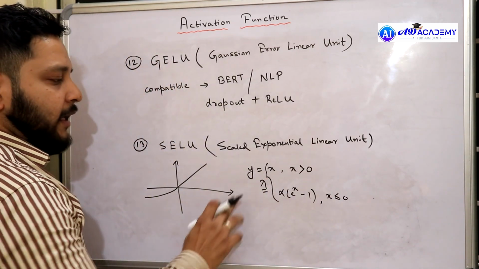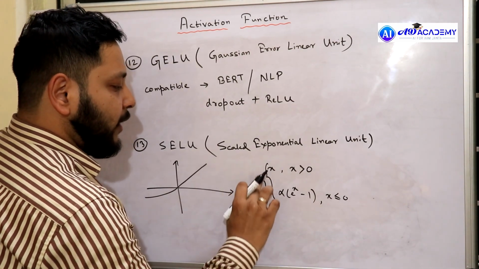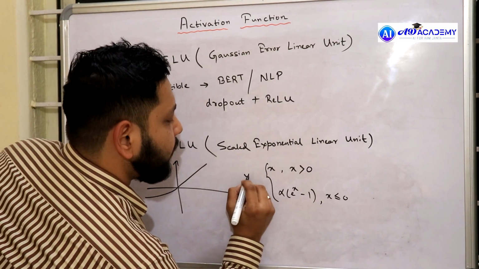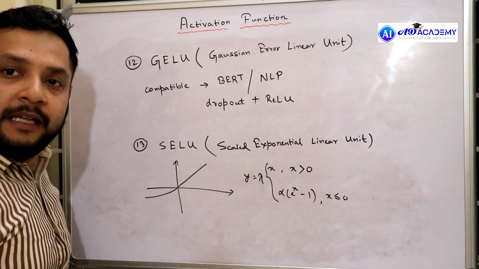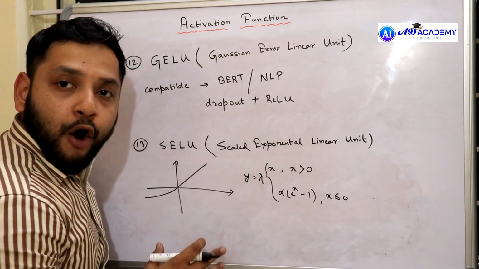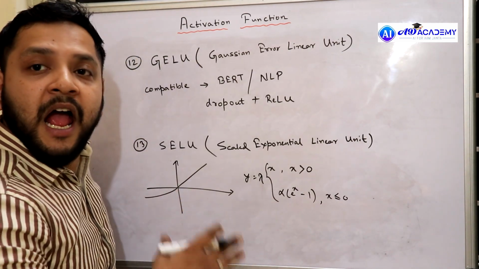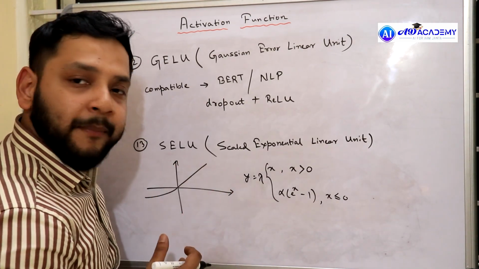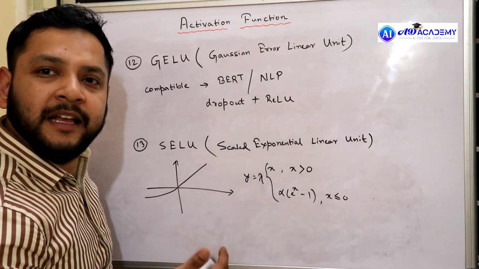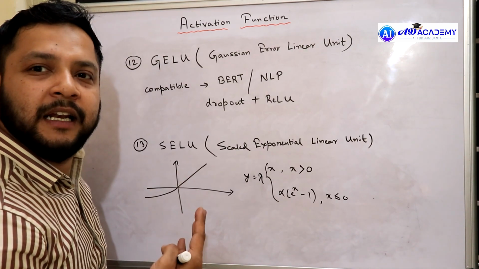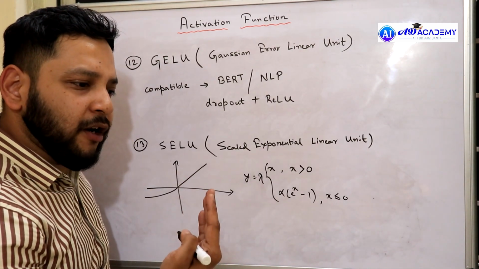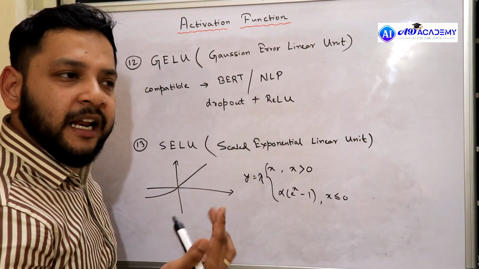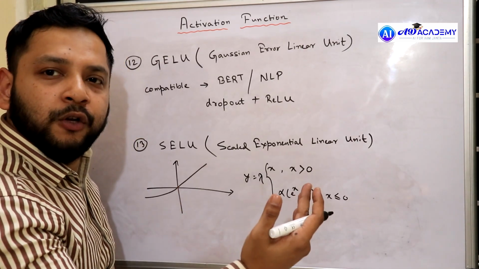And apart from that, it has one thing, that is why it is called scaled. It has the power of doing self-normalization at each layer. So what happens is that it keeps its mean and variance in each hidden layer, that is, it does a kind of normalization in each layer, and then it moves forward to the next layers.